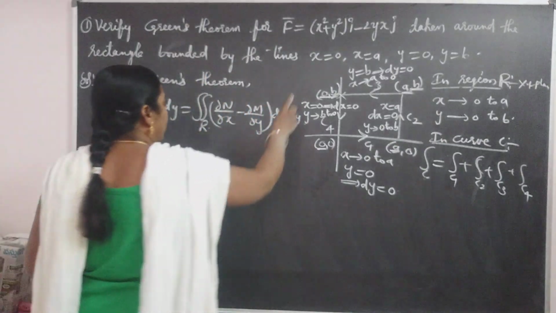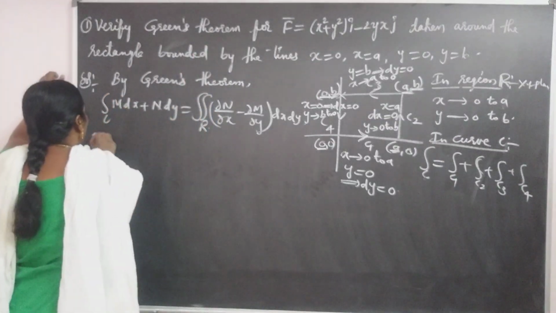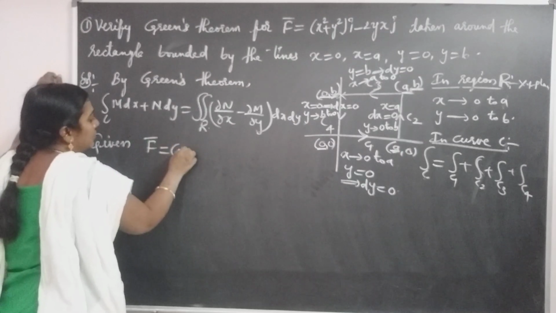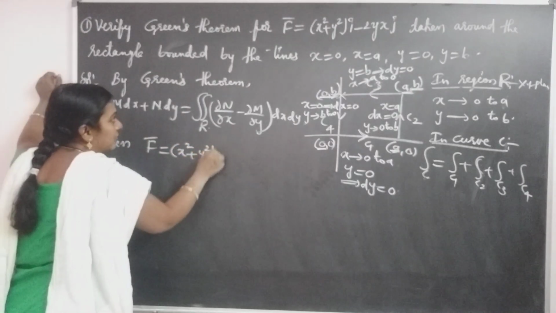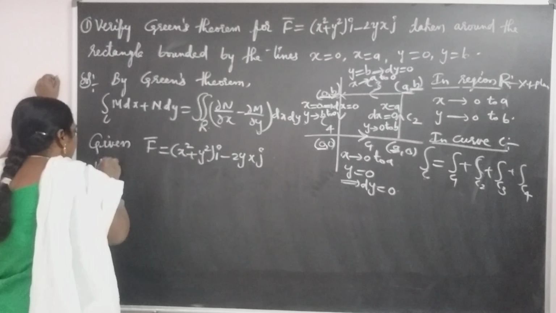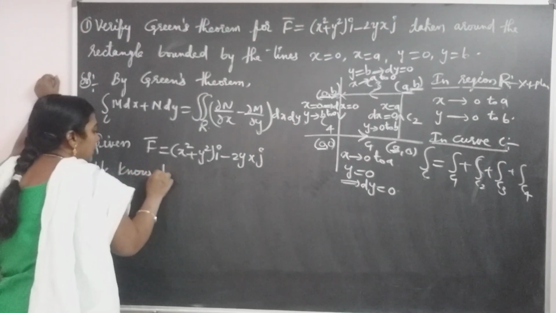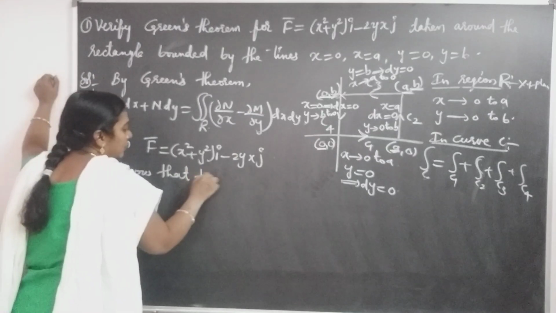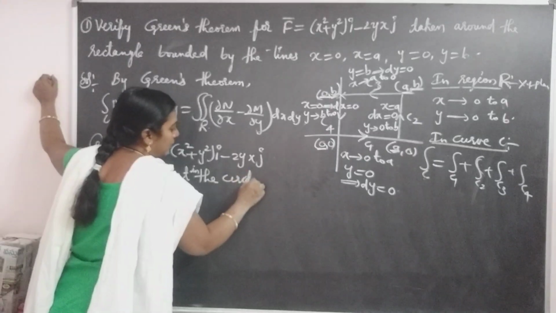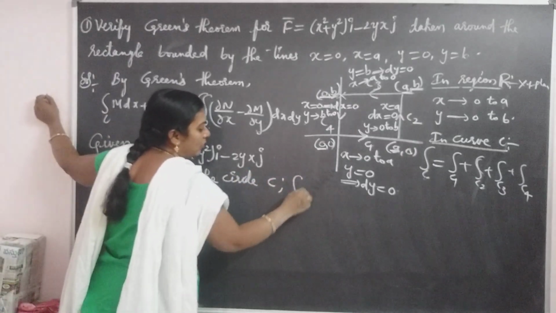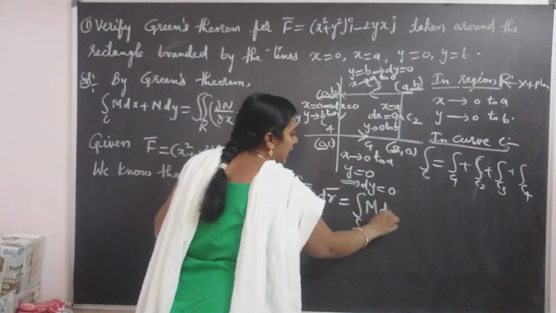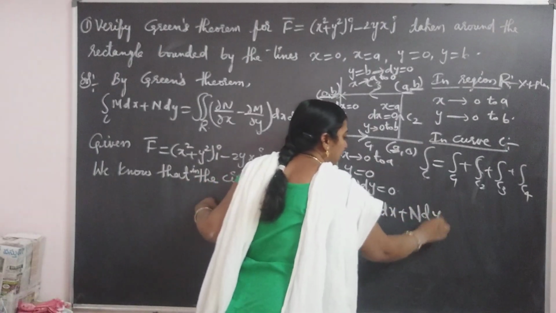From these clues, what is given? Given the function F bar is equal to (x square plus y square) i minus 2yx j. In the circle C, the integral over C of F bar dot dr bar is equal to the integral over C of M dx plus N dy.